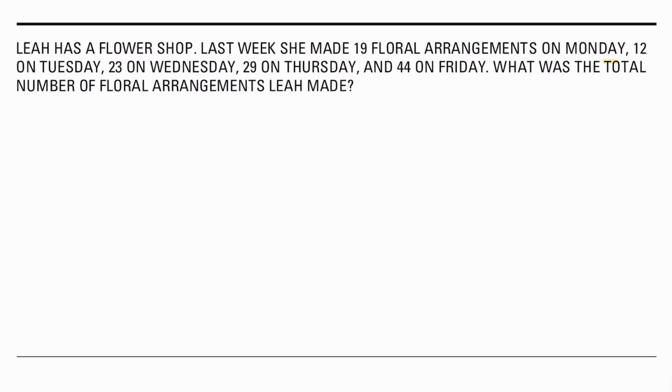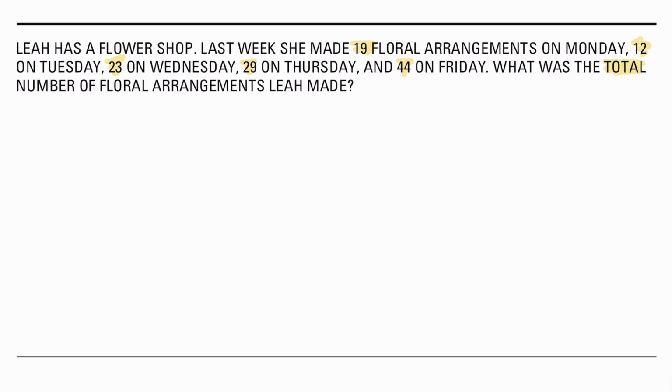And so here we can see the word total, which indicates that we're adding. And so we just want to extract our numbers from this paragraph. And so I can see that we had 19 here, 12, 23, 29, and 44, ensuring that they're all referring to floral arrangements. Sometimes they can throw you off and have different numbers like dates in there.